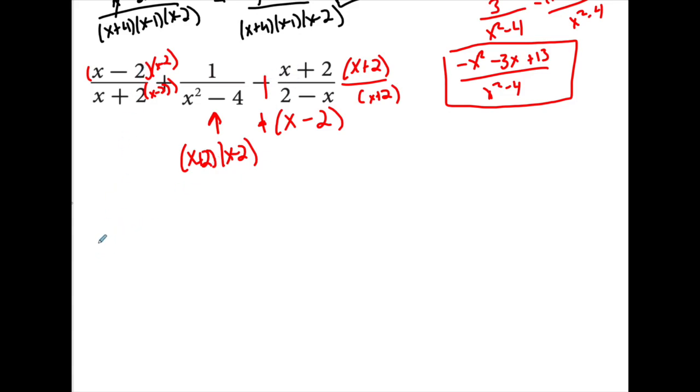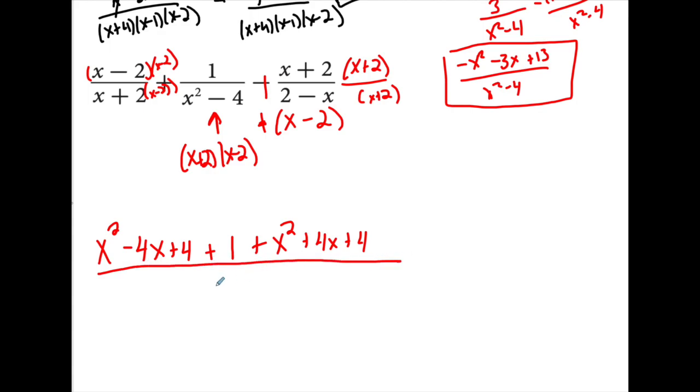So the top is x minus 2 squared, or x squared minus 4x plus 4. Then I add my 1. Then I add x squared plus 4x plus 4 all over x squared minus 4.